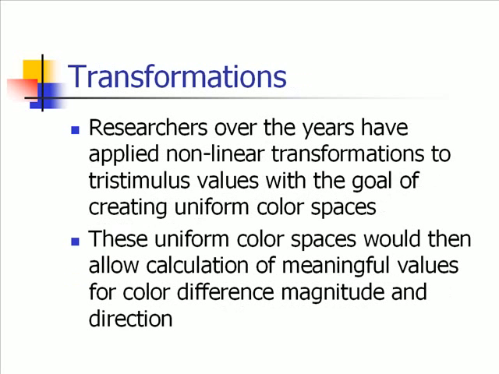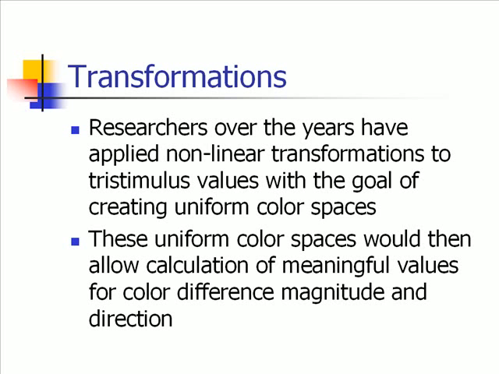Transformation. So we need to take those tristimulus values, our capital X, Y, and Z, and put them into other forms. Researchers over the years have applied nonlinear transformations to tristimulus values with the goal of creating uniform color spaces.